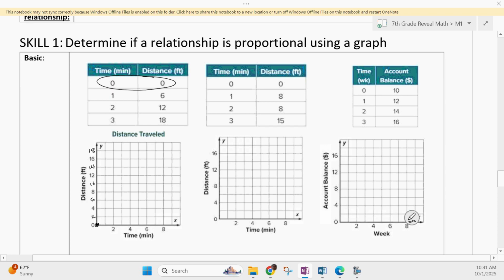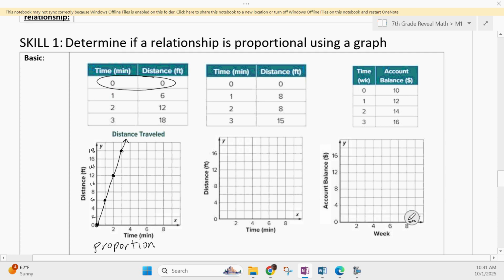All right. I got 1, 6. Yay. I got 2, 12. Oh, looks like it's shaping up to be a straight line through the origin. 3, 18. Bingo. Get that straight line going. Beautiful. So we know that that one is proportional.